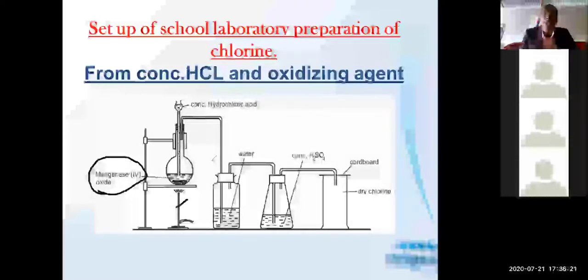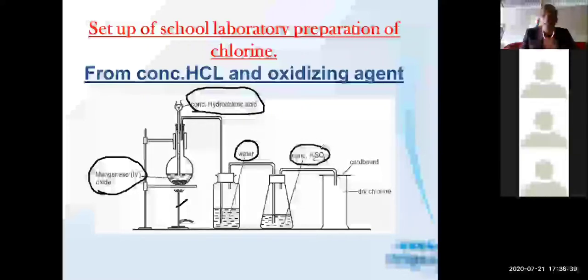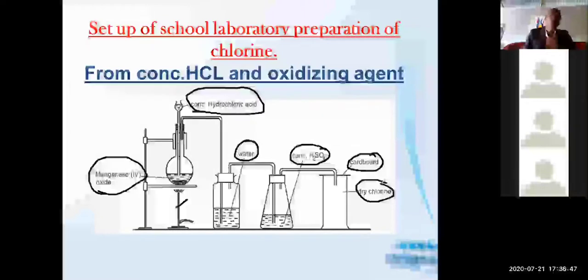Also we have the concentrated acid, that is hydrochloric acid. Then we have water in this place. Then also we have the concentrated sulfuric acid. Also we have the cupboard. We have the dry chlorine gas.